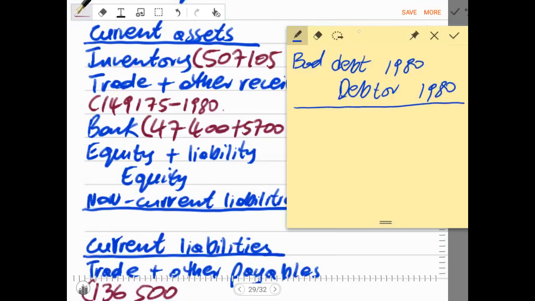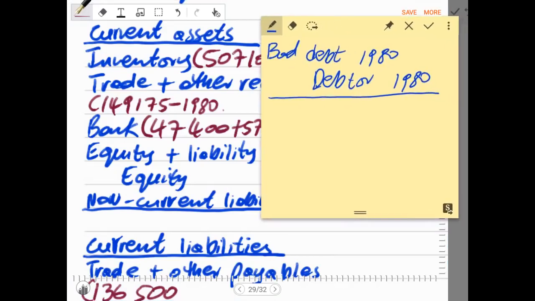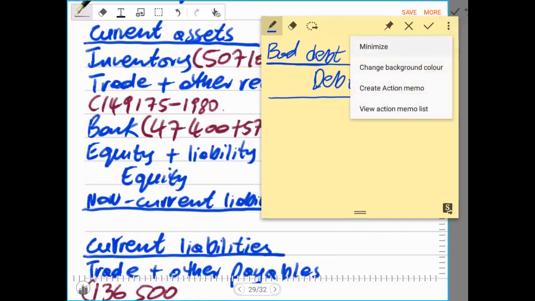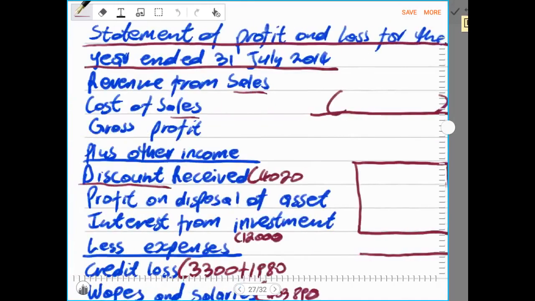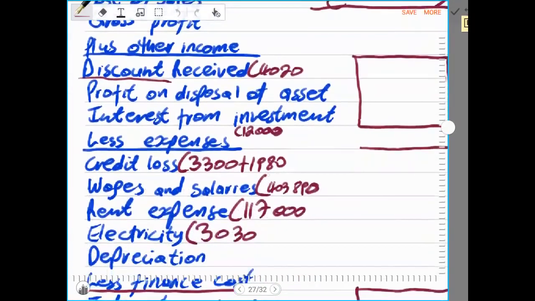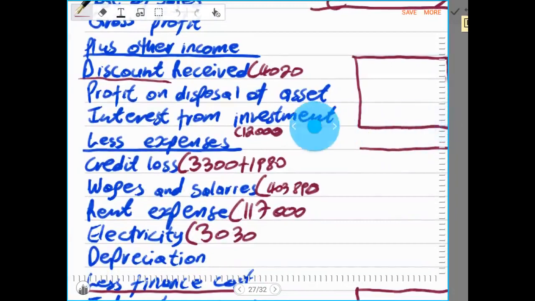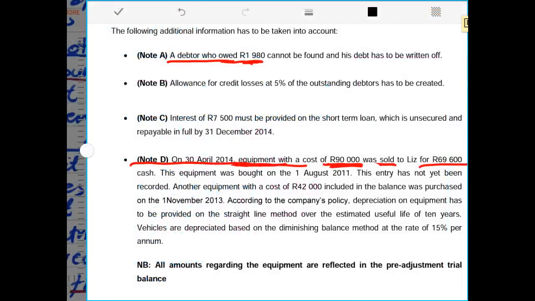Bad debt is an expense that is debited, and expenses are increasing. Hence, in the income statement, this is recorded as a plus of 1,980. So now I have completely recorded this entry, both on the debit side being the income statement and the credit side being the balance sheet.